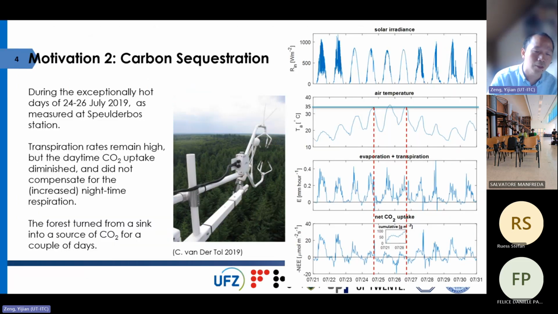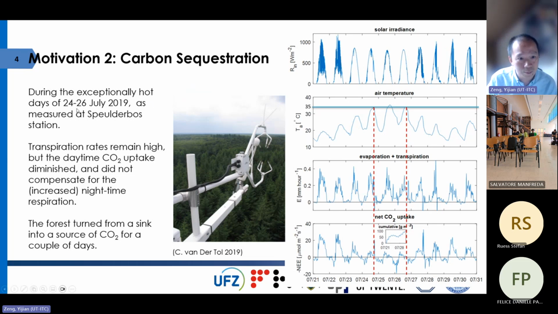Then there is also another motivation, from the ecosystem point of view. We have a long-term flux observation site in the Netherlands, the Speulderbos flux station, where we observe water, energy, and carbon fluxes. I just used the time series from 2019, but equally you can find it from 2018, 2020, or 2021.